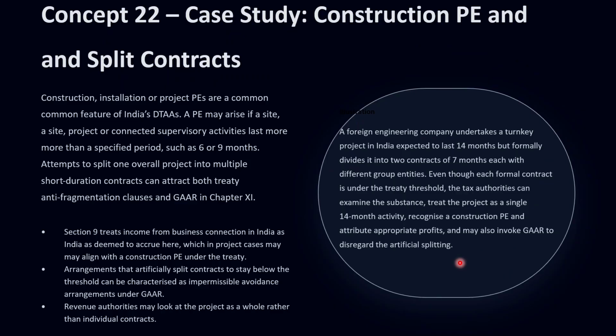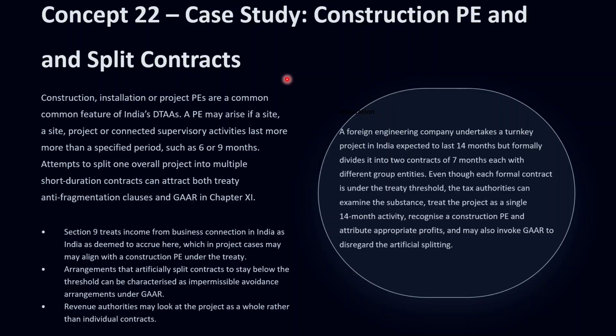Let us take a classic construction PE situation and see what happens when contracts are artificially split. So guys, many of India's DTAAs say that a building site or a construction site, installation or assembly project, constitutes a PE only if it lasts more than a specified duration.